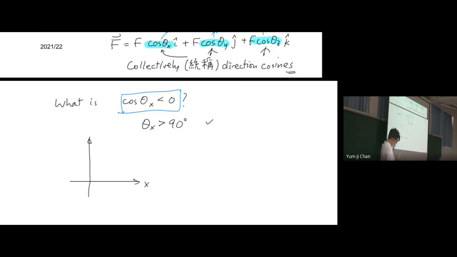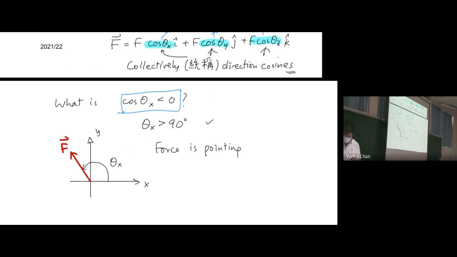It means theta x is larger than 90 degrees, for example. It means the force is pointing in negative x direction.